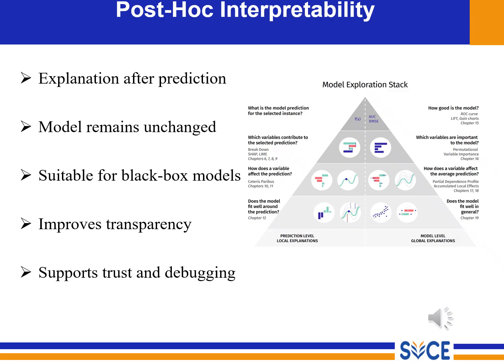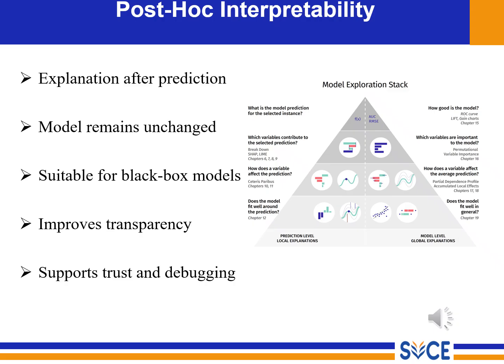Now we move to one of the most important concepts, post-hoc explanations. So what is post-hoc? Post-hoc means after the fact, right? So the model first makes a prediction and then we apply the explanation technique, without changing the model itself.